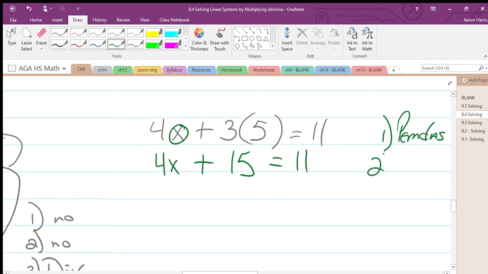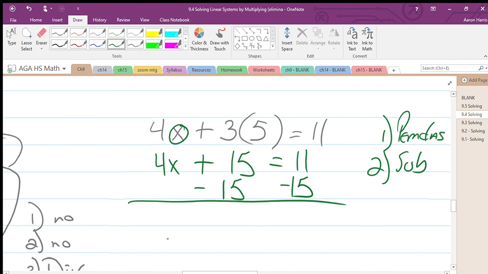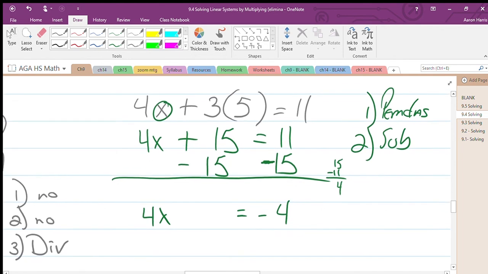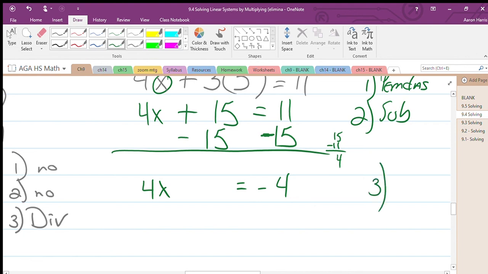Step 2, remove addition and subtraction. I am going to subtract the 15 from both sides. I get 4x equals, what's 11 minus 15? It really says 15 minus 11 because they're opposite signs, and I get 4. Keep the sign of the bigger number, so negative 4. Step 3, remove multiplication and division, so I'm going to divide by 4.